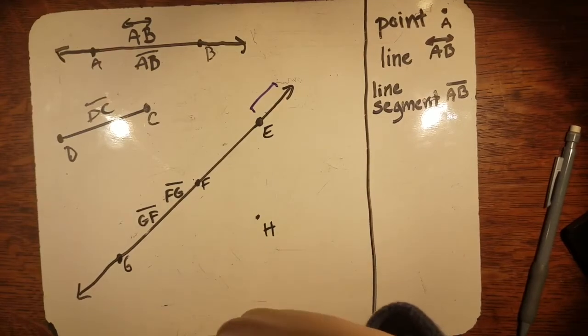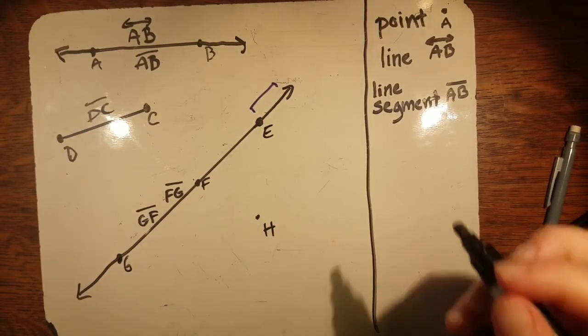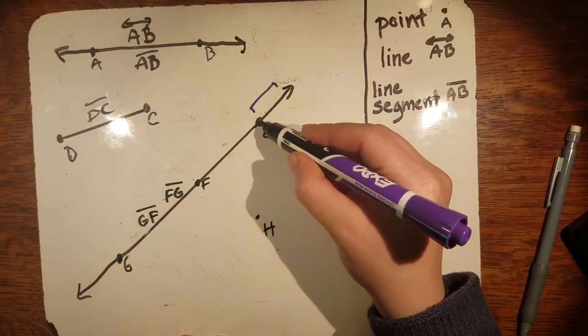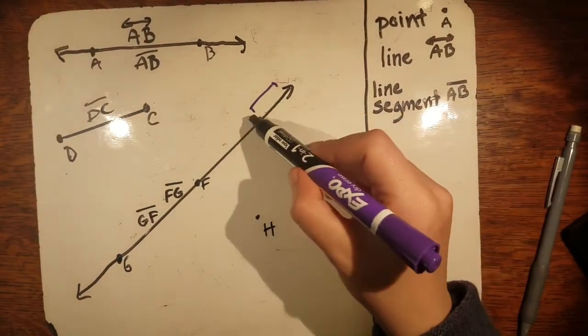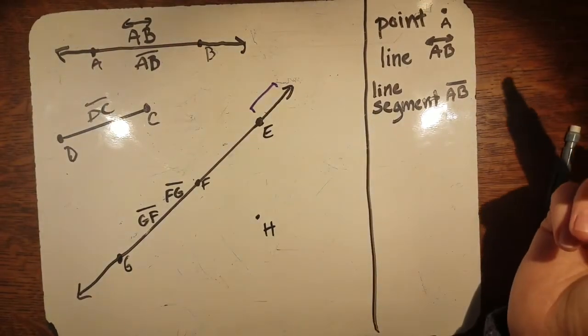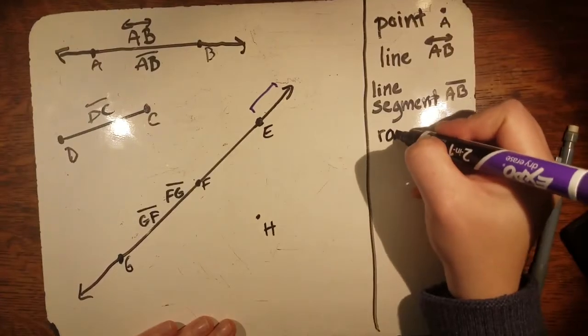Well, we call that a ray. A ray is part of a line with one endpoint, because that's the end of what we're talking about, and it keeps going in one direction. We call that a ray.